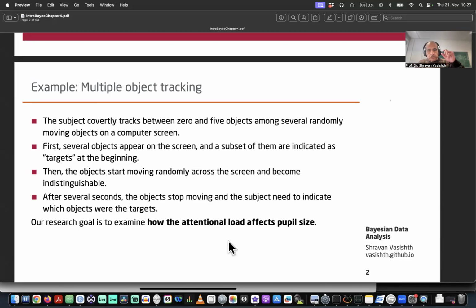The unit in which the diameter is measured is some abstract unit, so it's not millimeters or centimeters or something like that. So you will see large numbers, but those numbers have some internal meaning in the context of the software and hardware that is used for tracking the eyes, right? So the dependent variable is a continuous value.